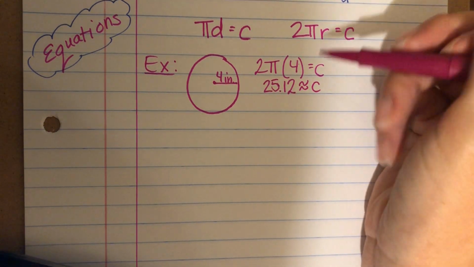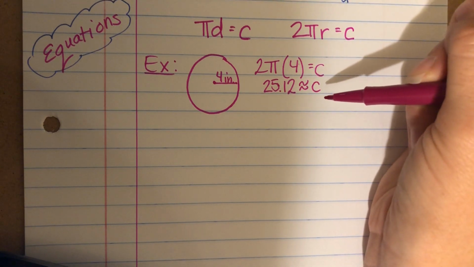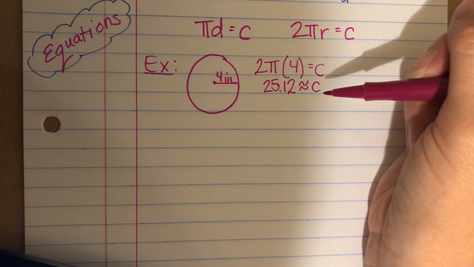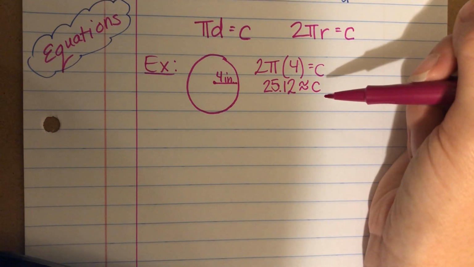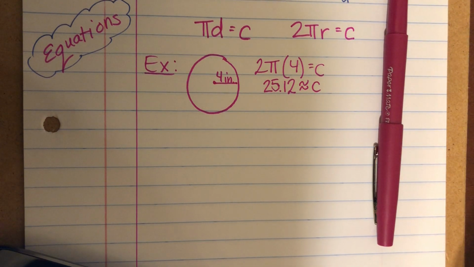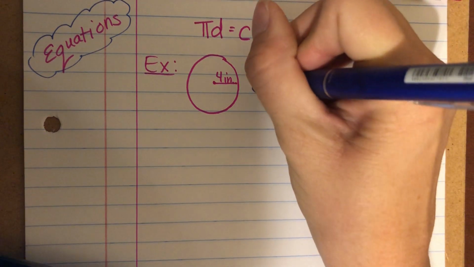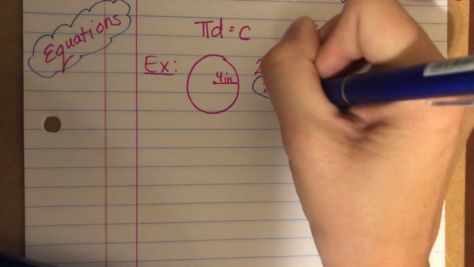Now I will always use approximation symbols here for circumference because we always have to round it. It's never going to be exact because pi is an infinite number, at least, you know, from what we can tell from all the evidence collected. It never ends, okay?